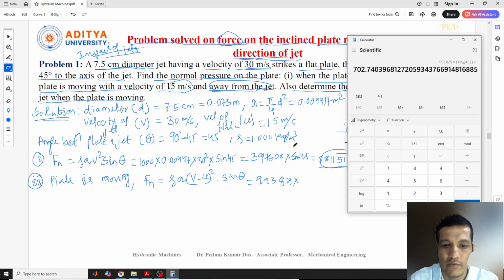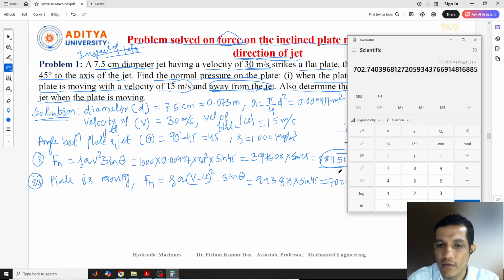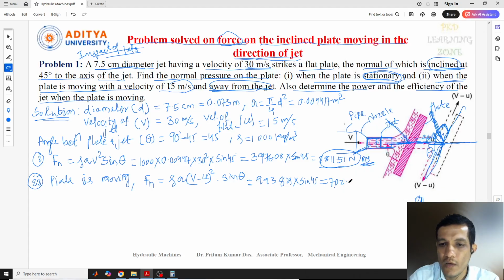Okay, previously I entered 60, I think. That's why it came wrong answer, because that is not related to this same value. So this is sine 45 equal to 702.5 something, we got 702.74. This is 702.74 Newton when the plate is in moving condition.